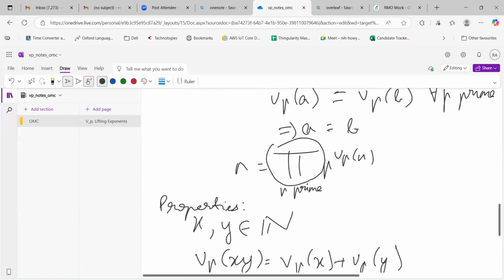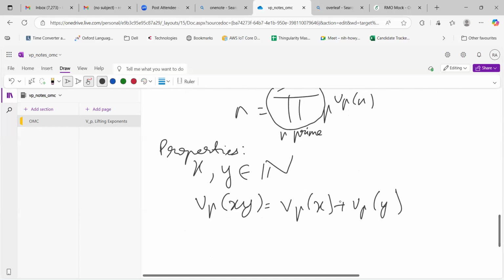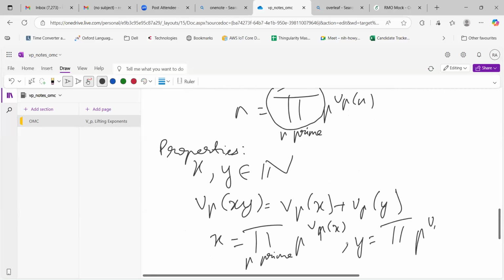And now I'm just getting to the properties of VP, right? So how do I show this? Essentially, I can write x is equal to the product over primes p of p to the power VP of x, and I can write y is equal to the product of p to the power VP of y.